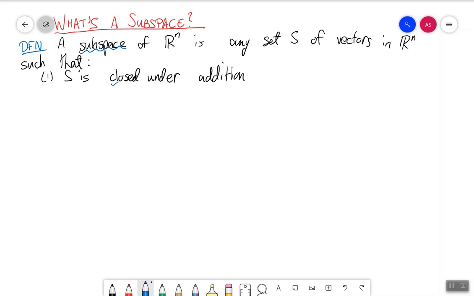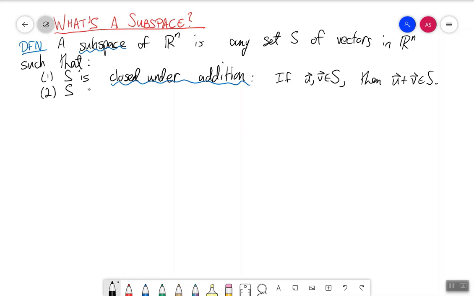Well, okay, what does that mean? That means that if U and V are in S, then so is U plus V. Our second condition is that S is closed under scalar multiplication.